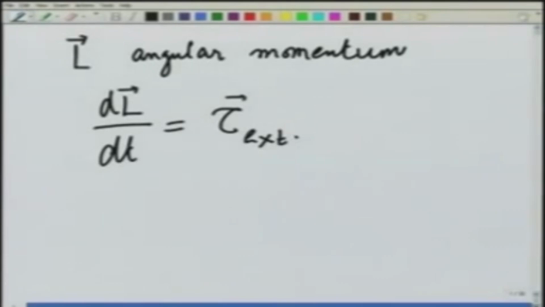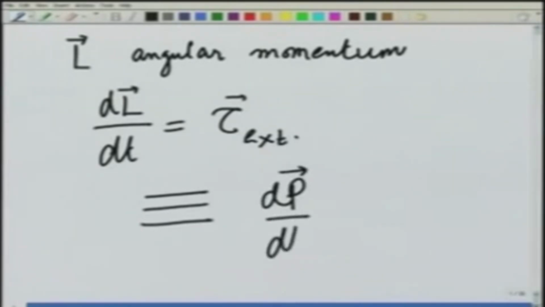I showed in the case of a one particle system that this was equivalent to saying that the rate of change of momentum is equal to the net external force.